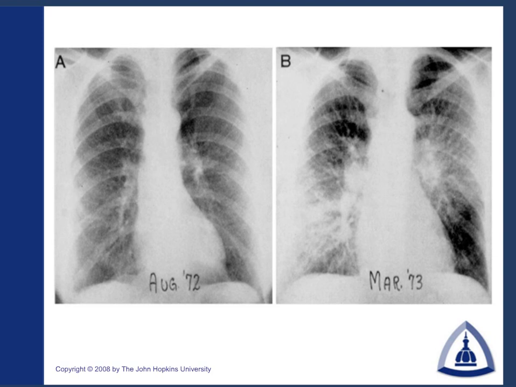These are actually Kerley A lines, extending from the hilum, parallel lines out, as opposed to Kerley B lines, which are lymphatic, in the periphery, that we see in congestive heart failure. And this is a classic X-ray for lymphangitic spread of her breast cancer. Kerley A lines, lymphangitic spread.